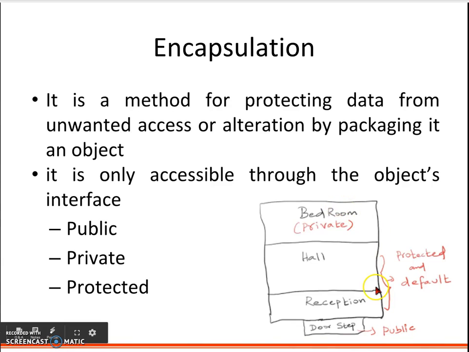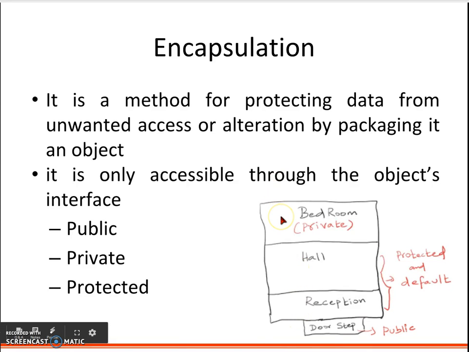For example, see here, I draw a house. Things near the doorstep can be accessed by all persons. For example, a pipe or some other ball in the street can be accessed by all people. The things in the hall and reception are accessed only by the owners of this house.